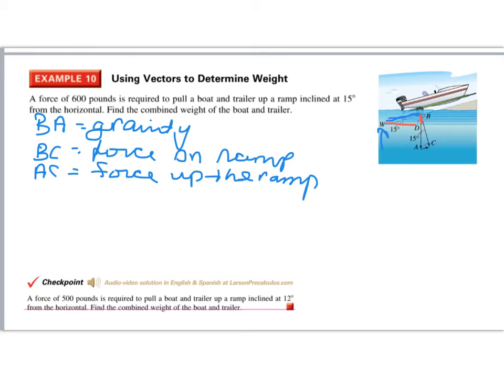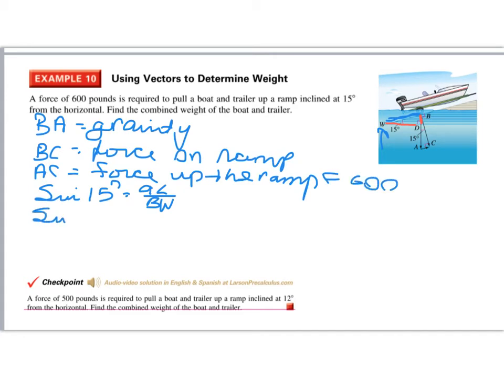So we're just using our trig functions. The sine of 15 degrees is going to be equal to the opposite, and the opposite was your AC, over your hypotenuse, and your hypotenuse is the BW right there, right? Okay, so we already know that a force of 600 pounds is required to pull the boat up, which means that our AC, this is the force to go up.